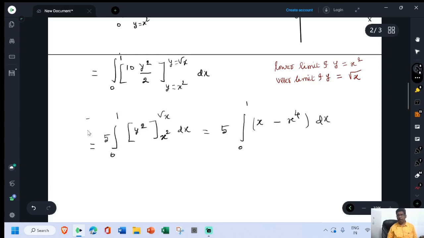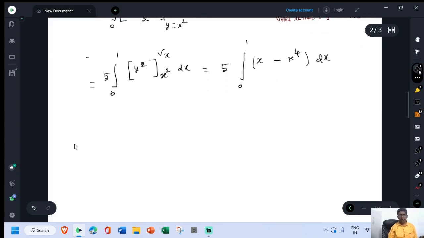Now we have to integrate this. This is equal to 5 into the integral of x dx minus the integral of x power 4 dx, with limits varying from 0 to 1.